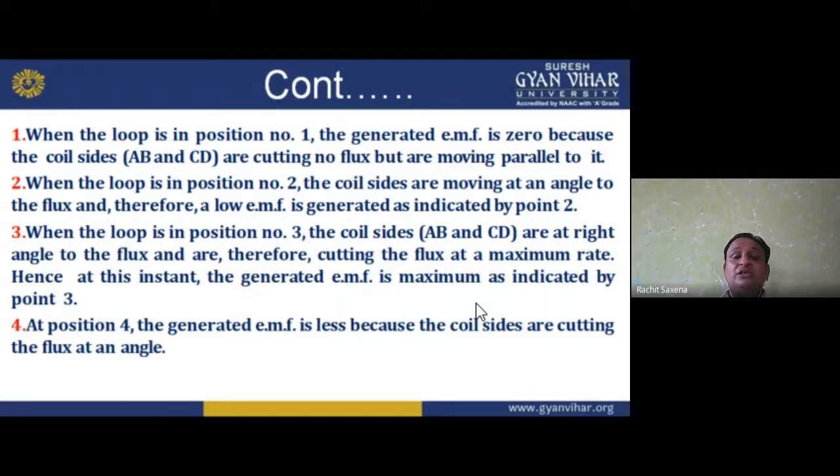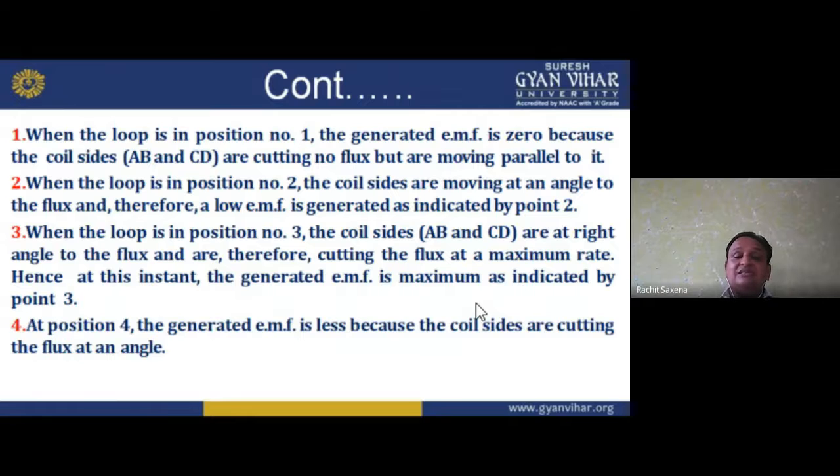When the loop is in position number 2, the coil sides are moving at an angle to the flux, and therefore a low EMF is generated, a small cutting, as indicated by point number 2. When the loop is in position number 3, the coil sides AB and CD are at right angles, perpendicular to the flux, and therefore cutting the flux at the maximum rate. Maximum flux will be cut.